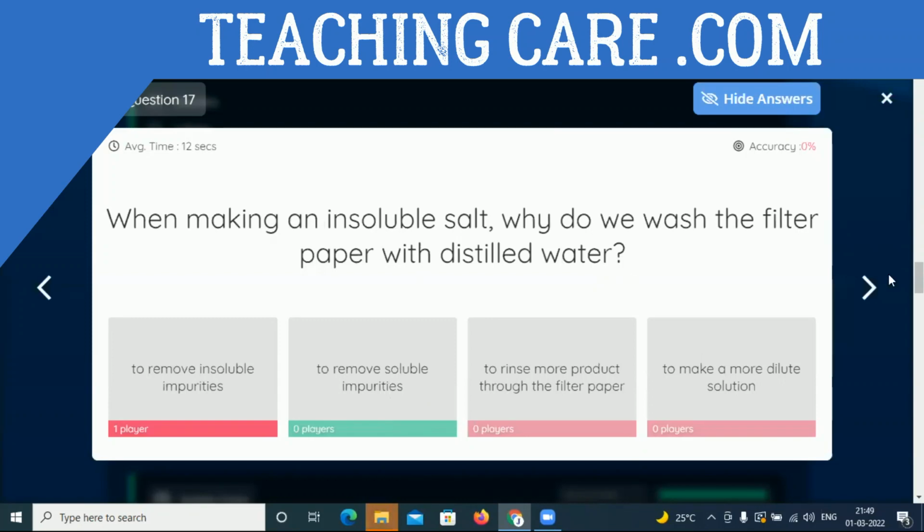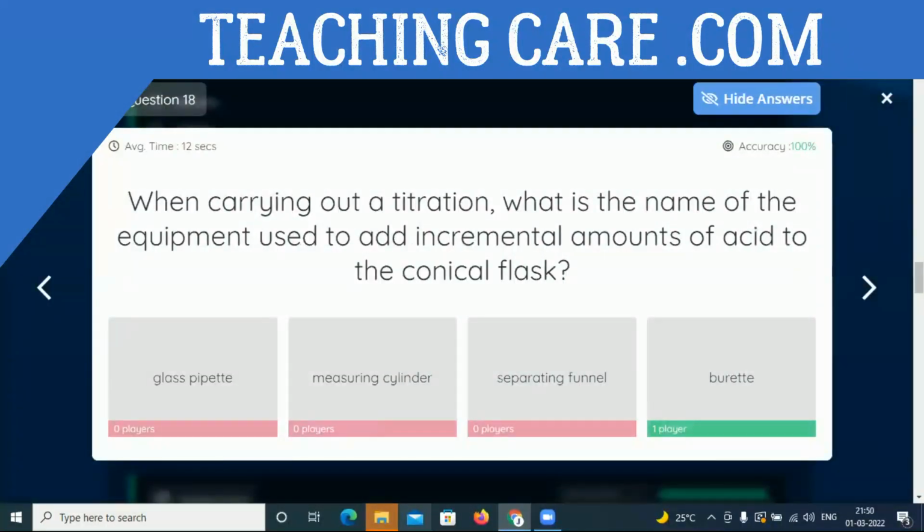But don't we wash it so the insoluble impurities don't rip the paper? No, that is what we do with soluble salts. But when you have an insoluble salt, in the beginning you need to wash the filter paper so that anything in soluble form on the filter paper gets removed. Got it? Got it. So to remove the soluble impurity stuck between the insoluble particles, right? Yes.